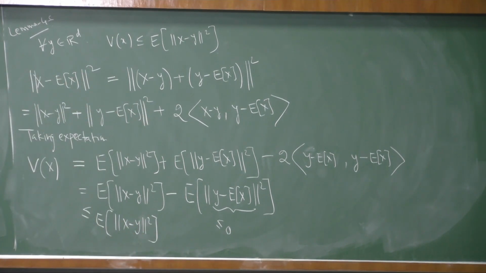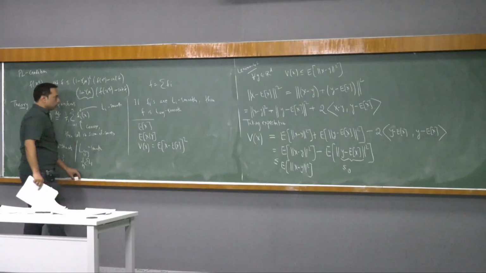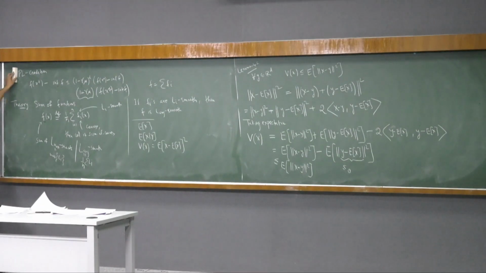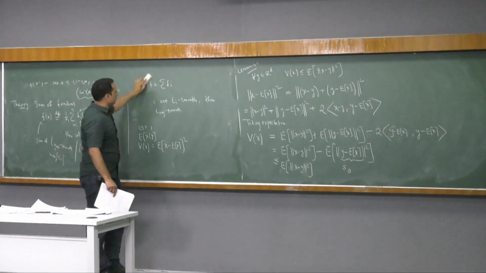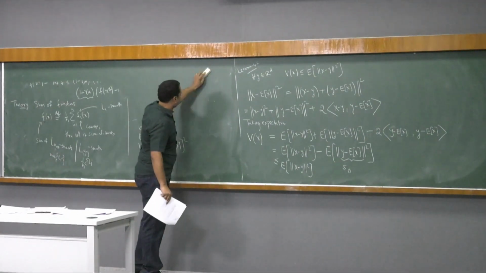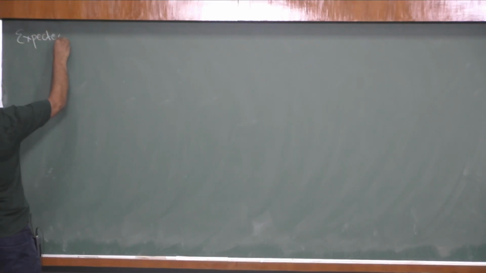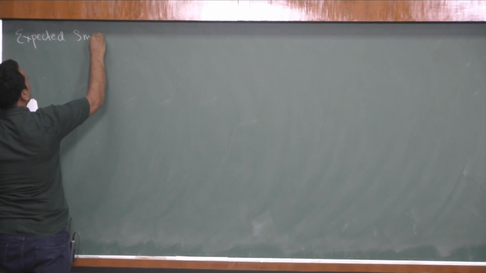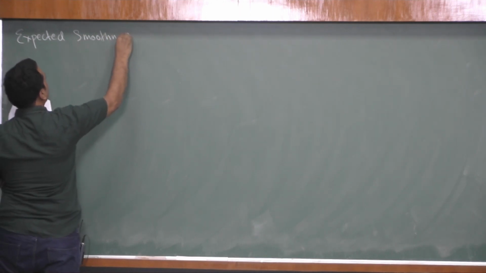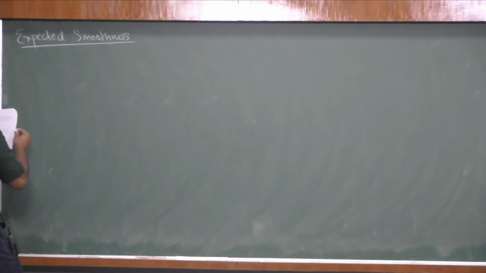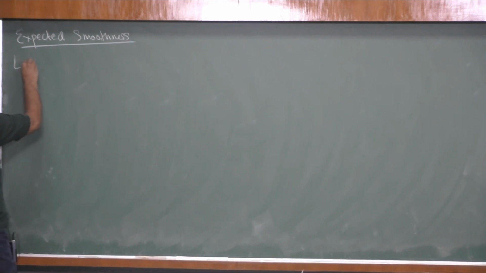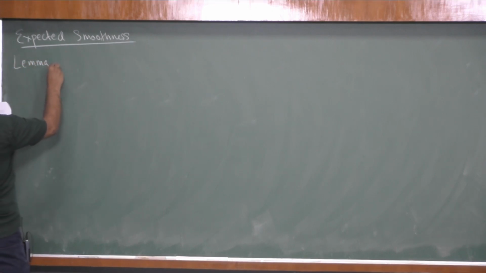So now what we will define, in the same way as we did before, is smoothness, but it will be expected smoothness. So then we have Lemma 4.7.